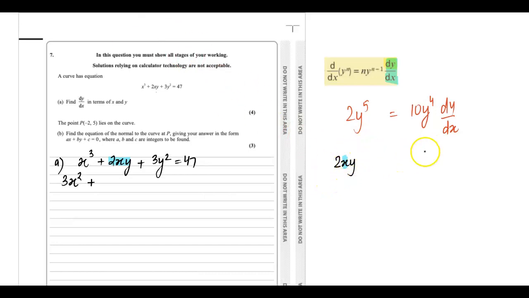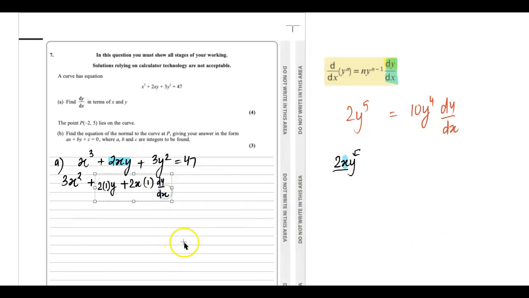So differentiation of x is 1, right? So 2, and differentiation of x is 1, and we keep y, not changing. Then plus, the other time we are going to be differentiating y, so we will keep 2x the same. Y would be 1 only, but when you are differentiating y, you're going to be getting dy by dx. Does that make sense?